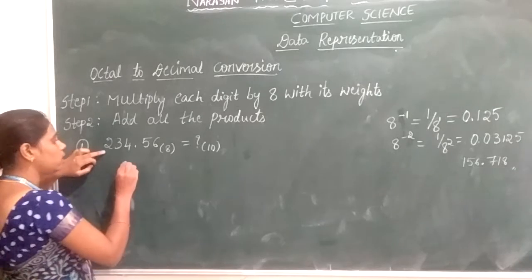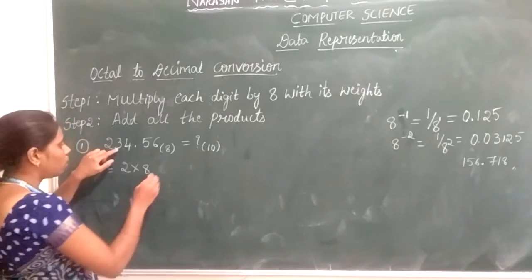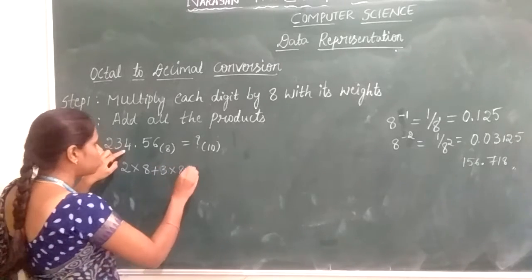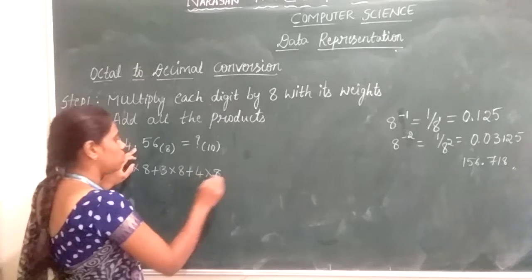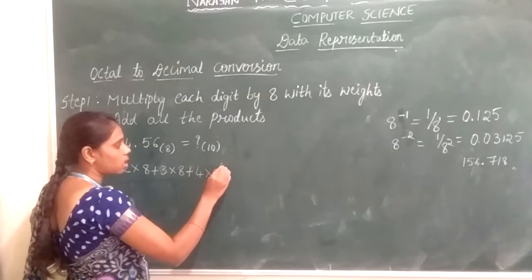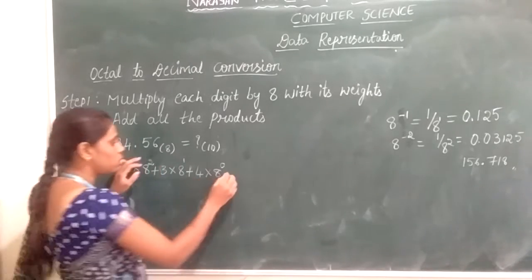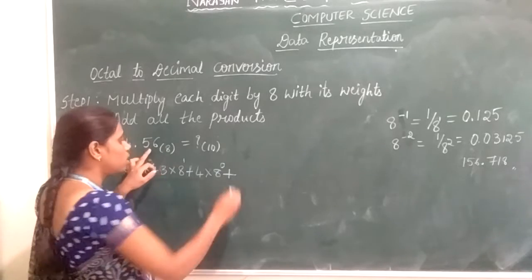Now I will multiply 2 into 8 plus 3 into 8 plus 4 into 8. Now I will write down the positional values for the integer part, which start from 0, 1, 2. Now again take the fractional part by using the plus symbol.